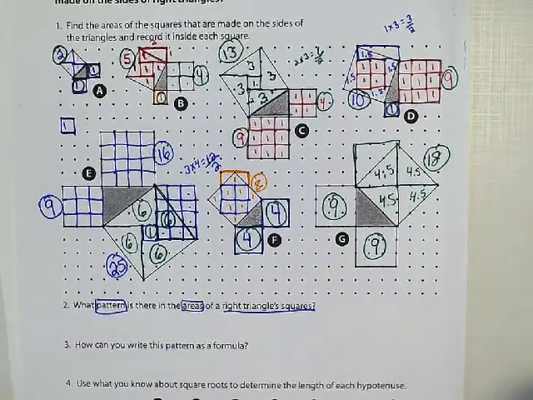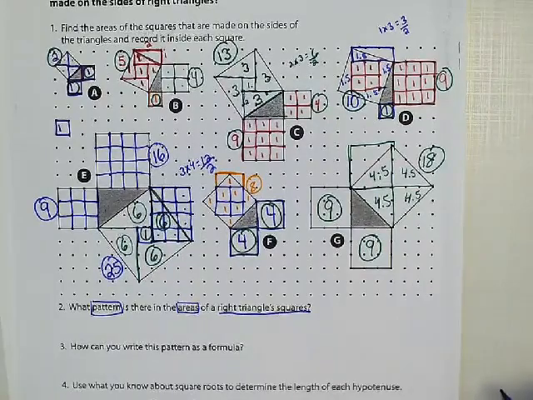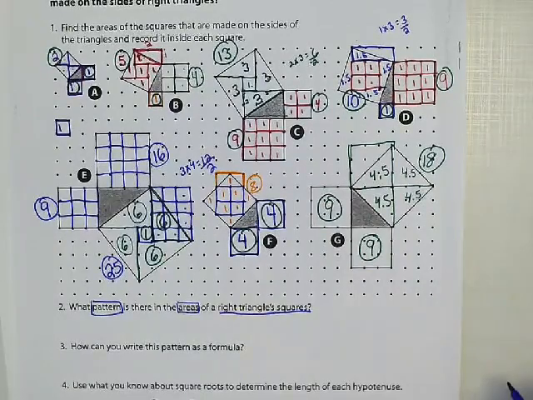So can you find a pattern between the areas of the squares? I'm going to pause it and let you investigate the 3 areas of each triangle of the squares and see if you can find a pattern.